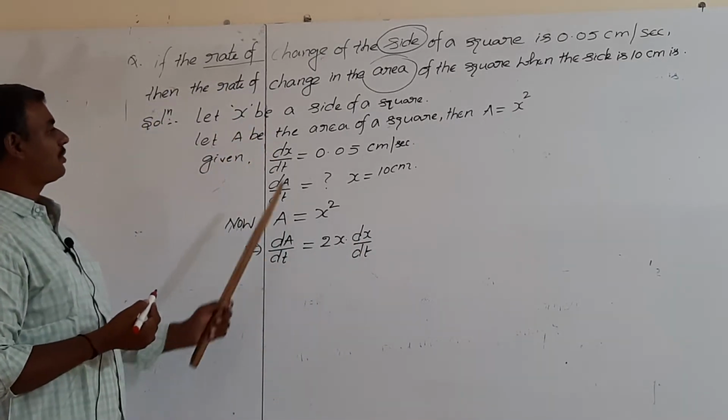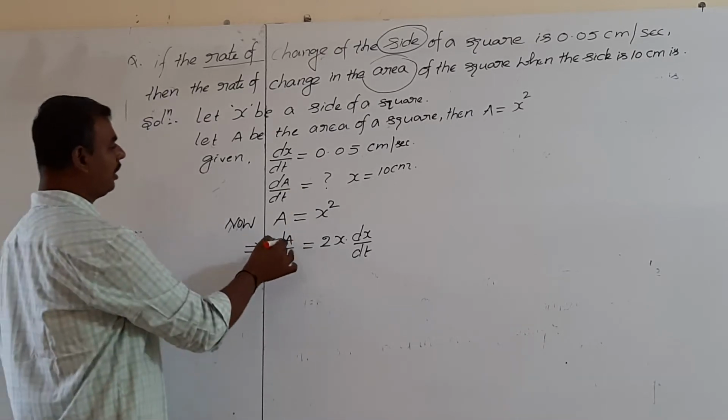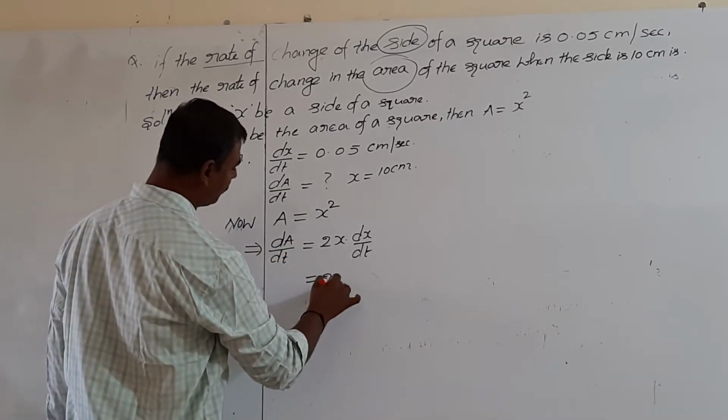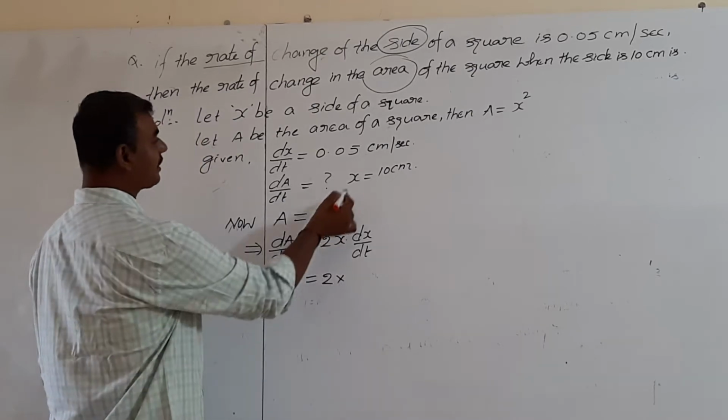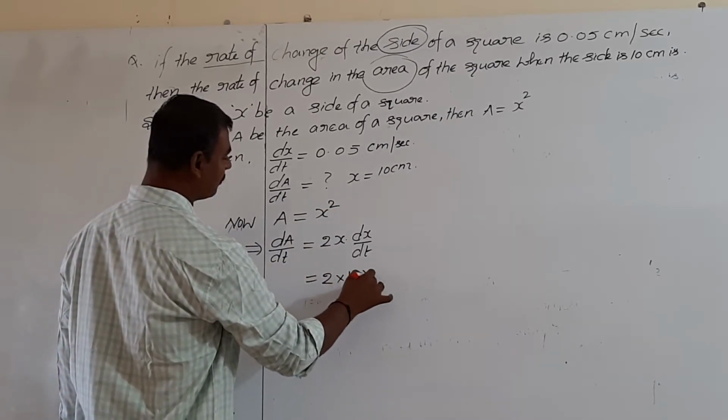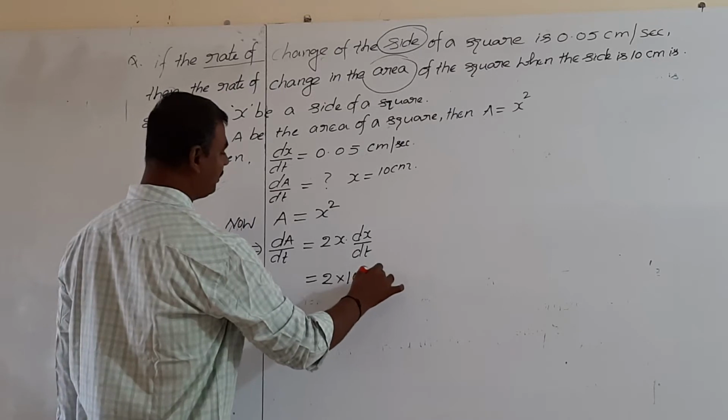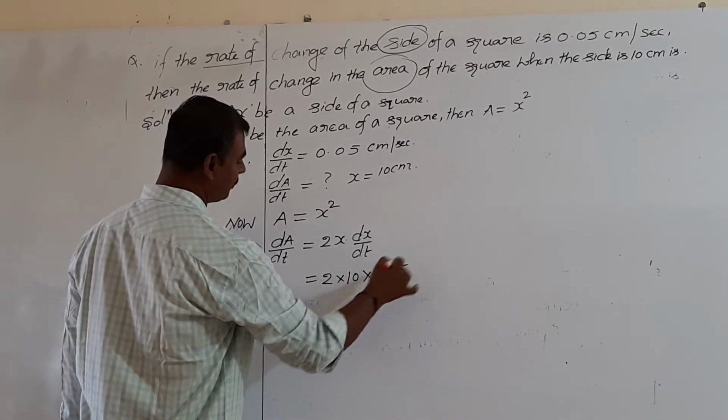Now substitute the values: 2, then x value 10, and dx by dt 0.05.